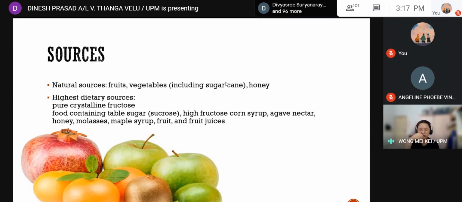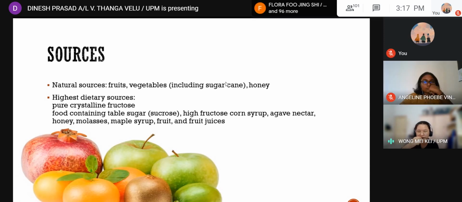Molasses is a type of sweetener that is a product from the refining of sugarcane, and agave nectar is a sweetener commercially produced from several species of agave. Maple syrup is made from the xylem sap of sugar maple, red maple, and also black maple trees. Okay, next.